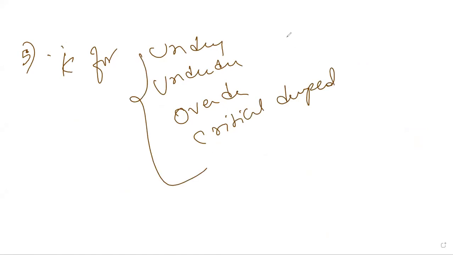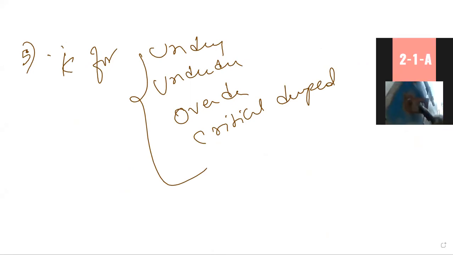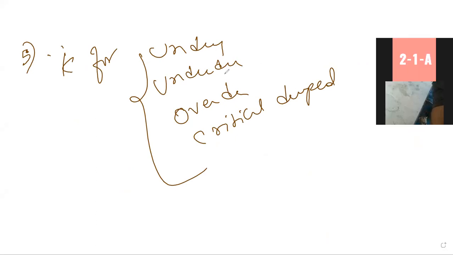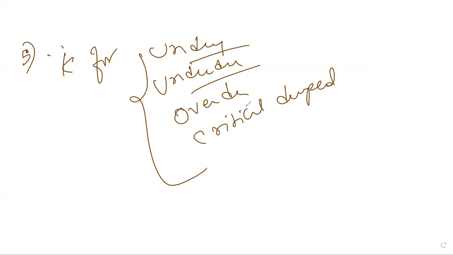So we are finding the value of K for undamped system, underdamped system, overdamped system, and critically damped system.